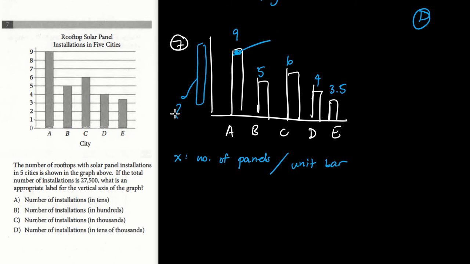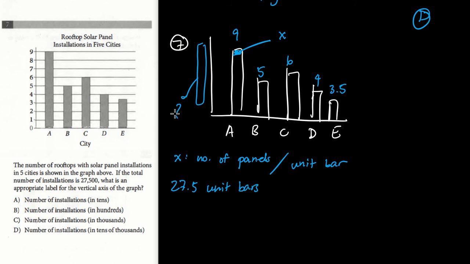This is what we mean by X. Okay, so what we can do is add up the number of unit bars we have. So that's going to be 9 plus 5 is 14, plus 6 is 20, plus 4 is 24, plus 3.5 is 27.5. So we have 27.5 unit bars, right?